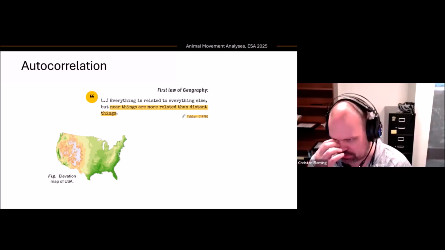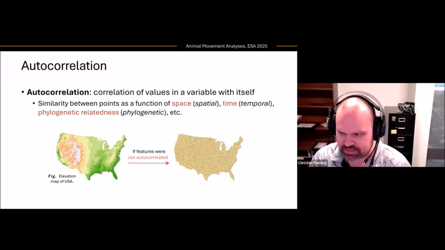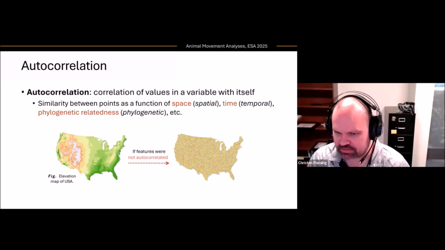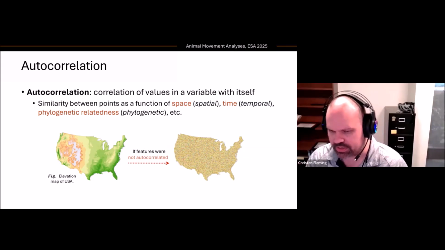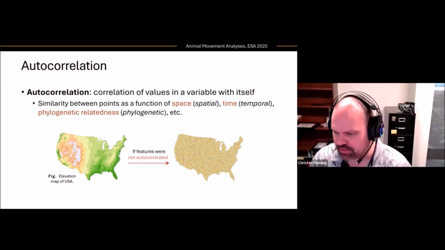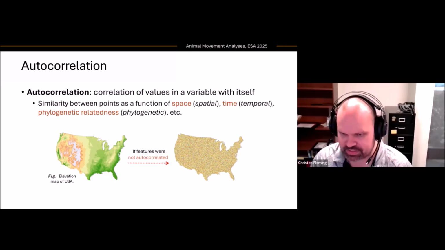And if you were to imagine a spatial process with the same mean and the same variance that was not spatially autocorrelated, it would look pretty crazy. It would look like this kind of noisy elevation with no correlation, no relatedness from one point to the next. It would be physically implausible.